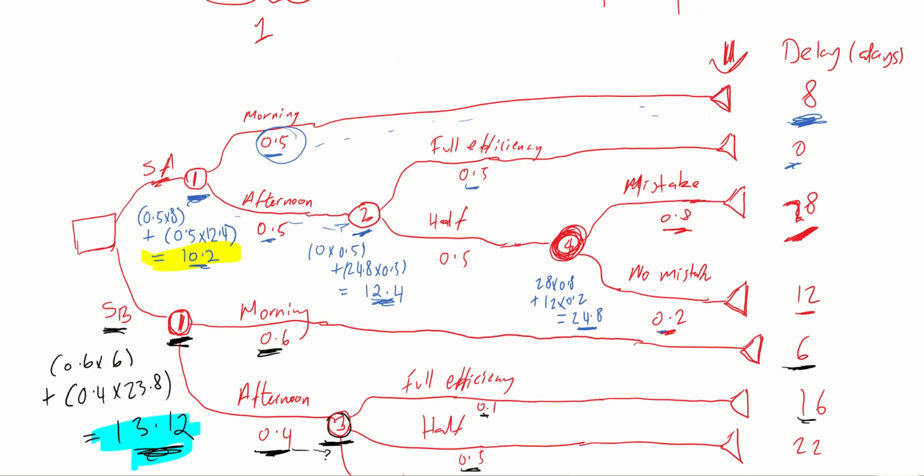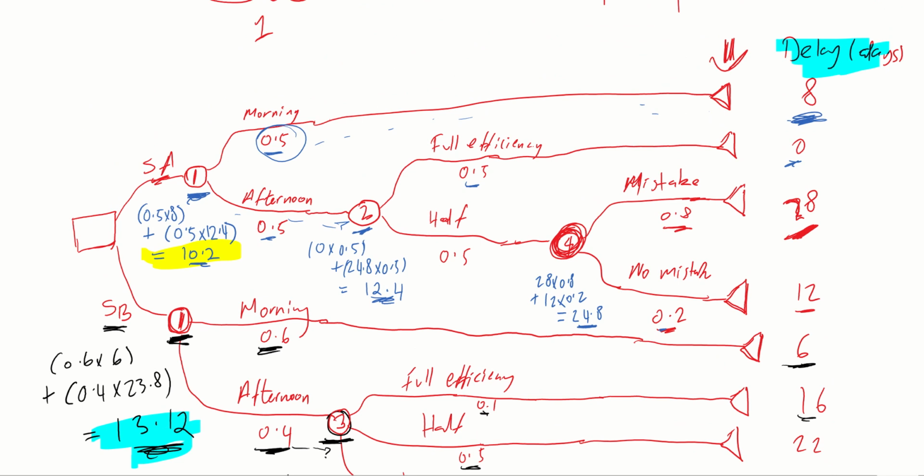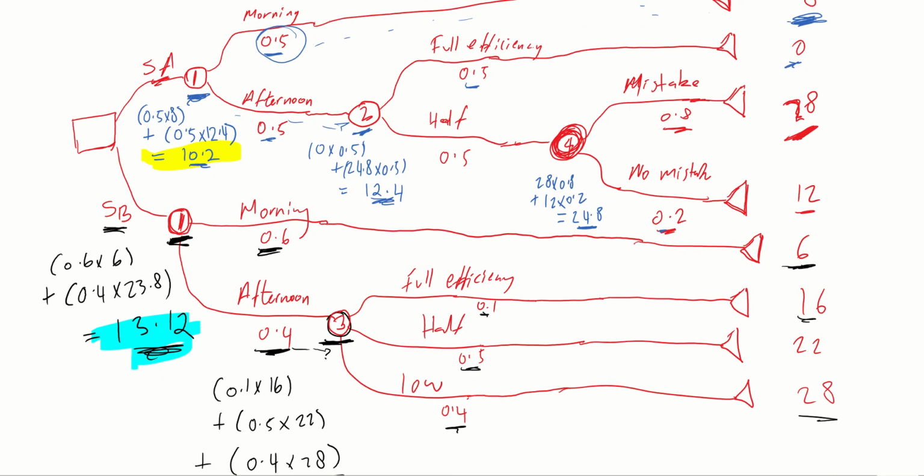I said that for us, the objective is delay. So the one that has the least delay is subcontractor A. As a result, the organization should choose subcontractor A based on the scenario and the probabilities that were given in this instance.